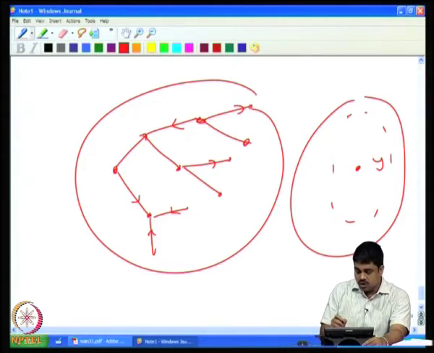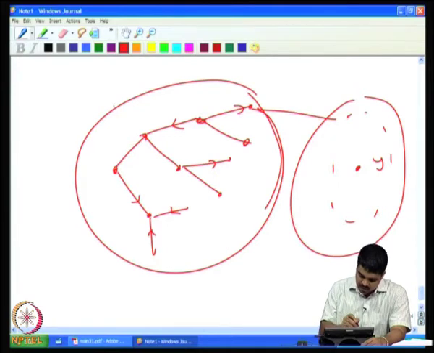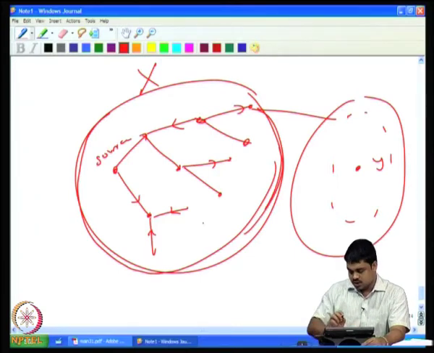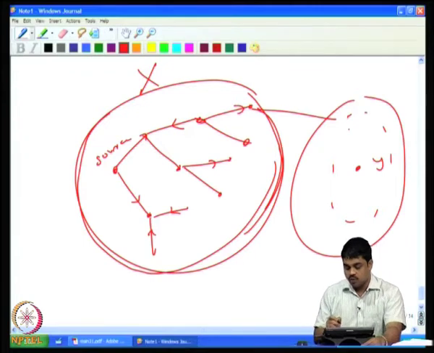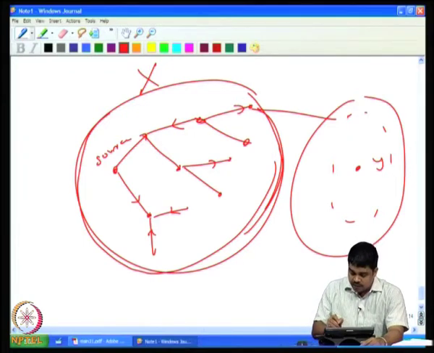So, we naturally see that there is a cut here. The cut means the vertices which are reachable from the source via unsaturated paths. Up to here I can reach, and due to some reason I cannot go further, and that is why we cannot reach y. There we definitely define a cut.